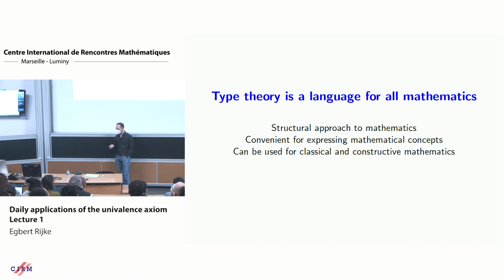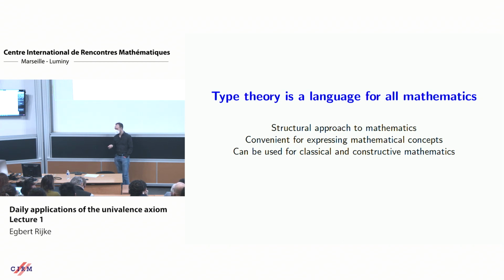So it's very nice for expressing mathematical concepts, and of course it can be used for both classical and constructive mathematics. And the thing that I didn't put in the slide is that it's used also in formalization, but we're going to get to that.